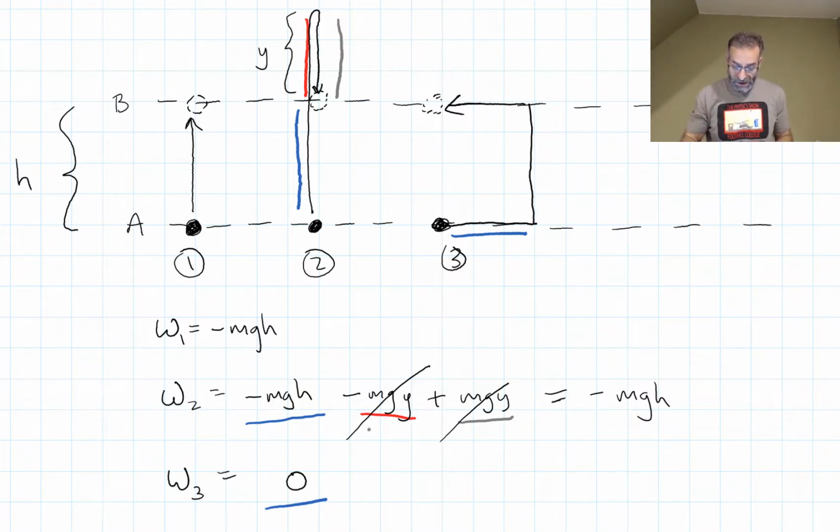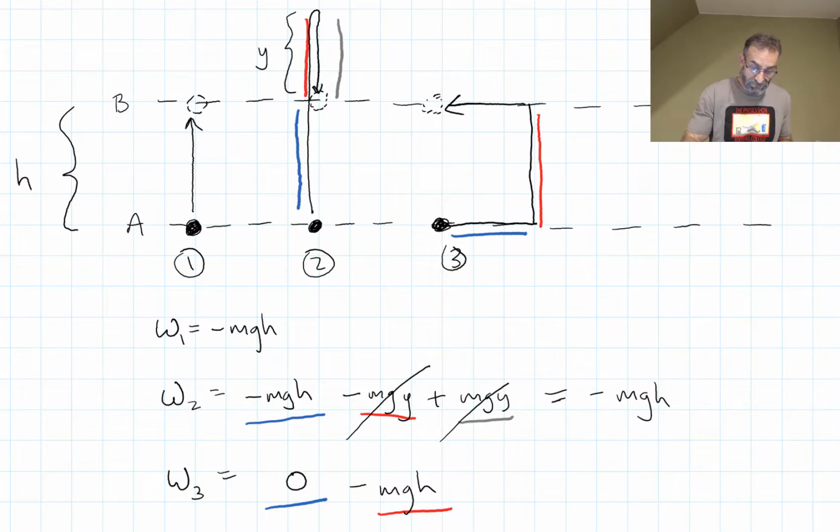So we get mg times the distance times the cosine 90 degrees. We get 0 work done. Then we have our vertical, which is the same as it was in path 1. We're just finding the work done, moving from our initial point to our final point for 3 different cases here. And then the last little part also produces no work.